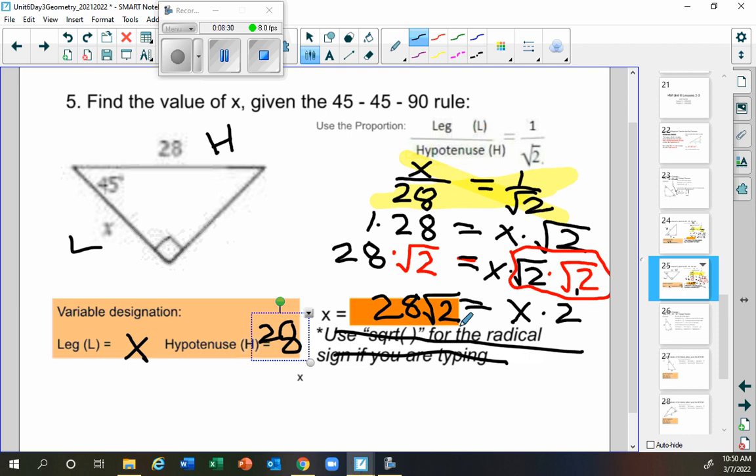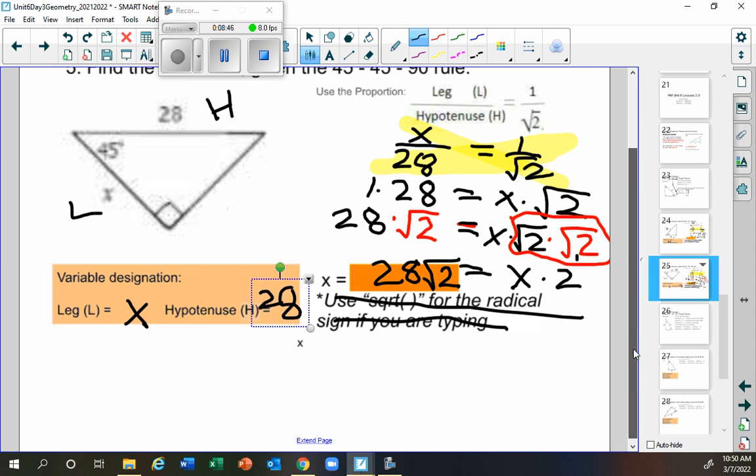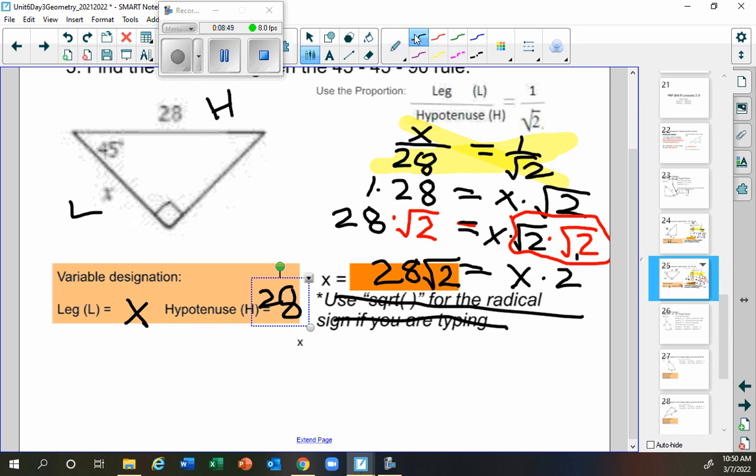And what's next? So 28 square root of 2 equals x times 2. We have x times 2 or 2 times x, that's the same thing, right? I'll just rewrite this line down here.